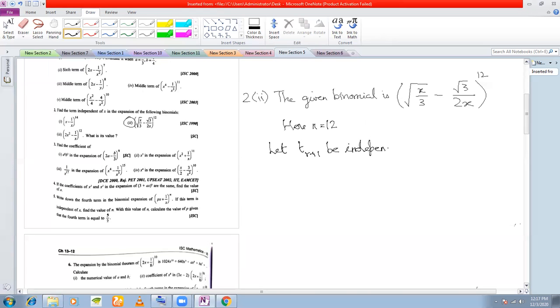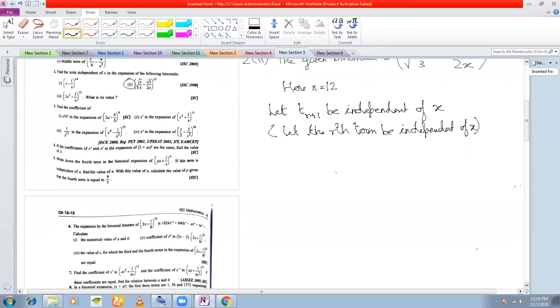Let tr plus 1 be independent of x. You can also write this as let the rth term be independent of x.